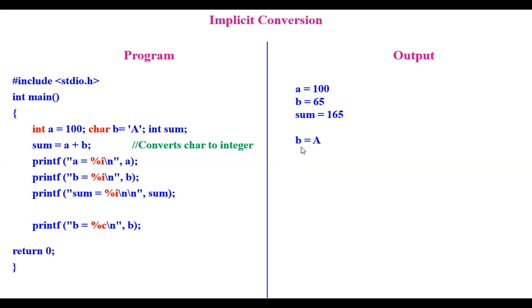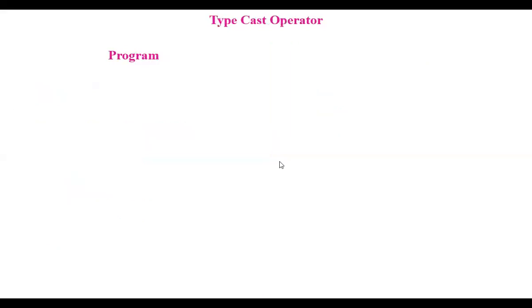Yes, its value doesn't change, but we are just converting it into an integer and utilizing it. Without our intervention, the system is doing it. That's why we call it implicit conversion. So this is the next typecast operator.